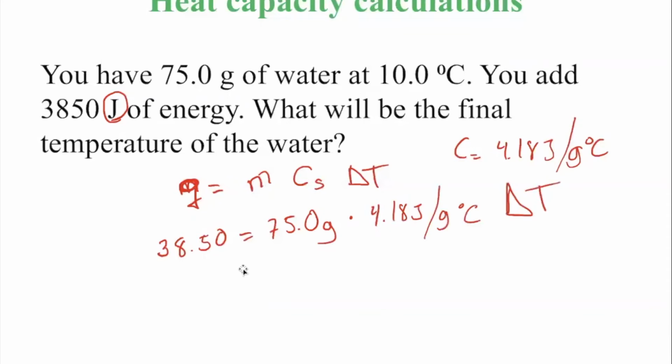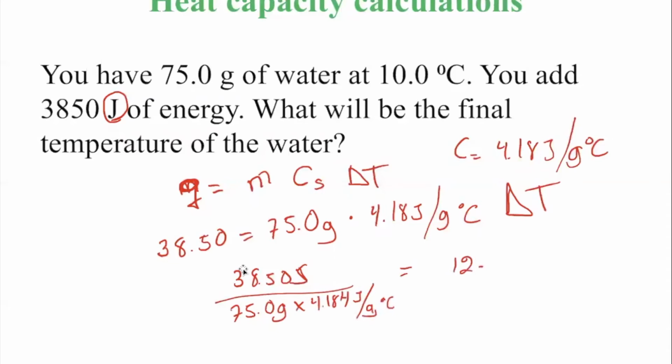Change in T is going to be 38.50 joules over 75.0 grams times 4.184 joules per gram per Celsius, and that should give me 12.28 Celsius. But keep in mind that they want to know the final temperature.